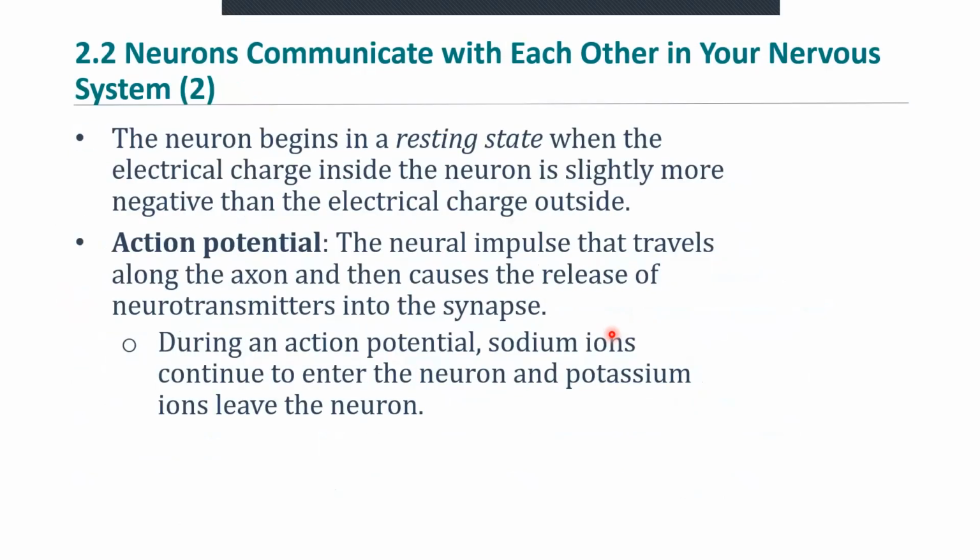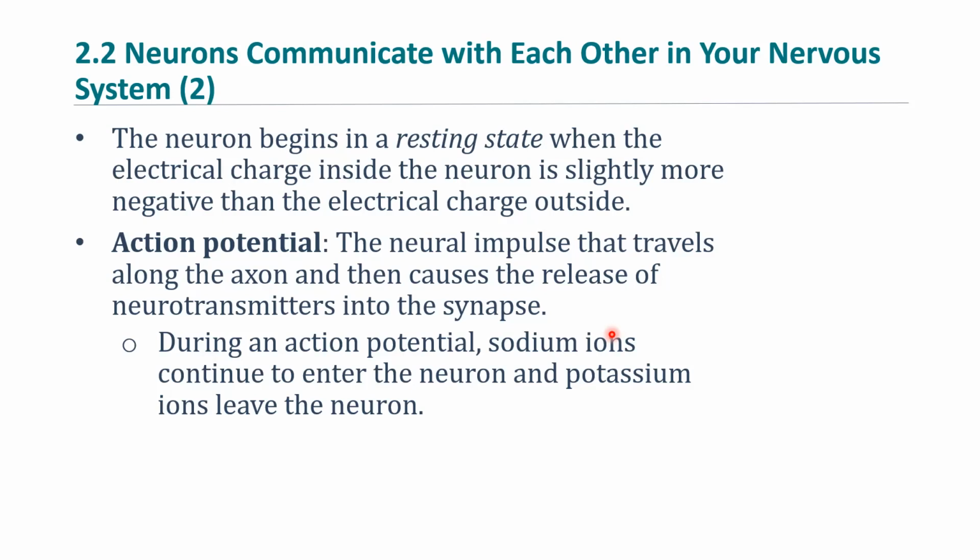Let's go on. The neuron begins in a resting state when the electrical charge inside the neuron is slightly more negative than the electrical charge outside. So resting state means when the neuron's not communicating with another neuron, when it's not having a neural impulse, it's slightly negative inside.